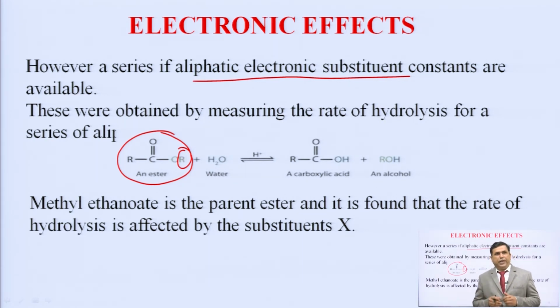After that we can observe by measuring the rate of hydrolysis of a series of aliphatic esters, like methyl methanoate as the parent ester, and it is found that the rate of hydrolysis is affected by the substituents X.